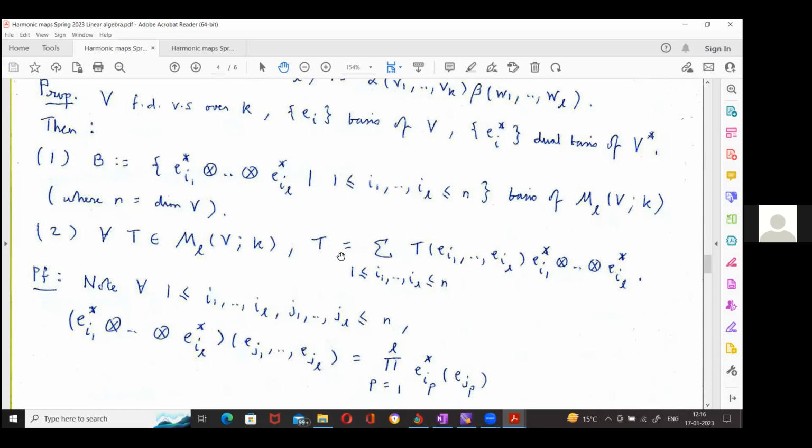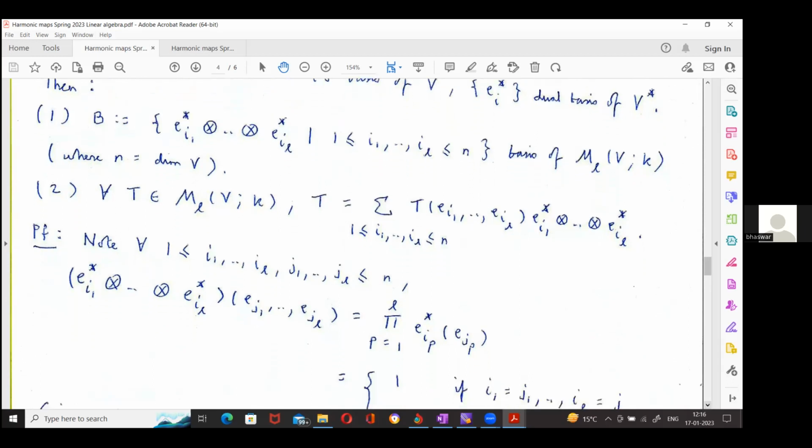And so T is equal to a sum over i1 to il of these coefficients times these basis elements. So is the statement clear? Yeah. So the dimension will be n choose l, I suppose. No, it will be n to the power l, right?